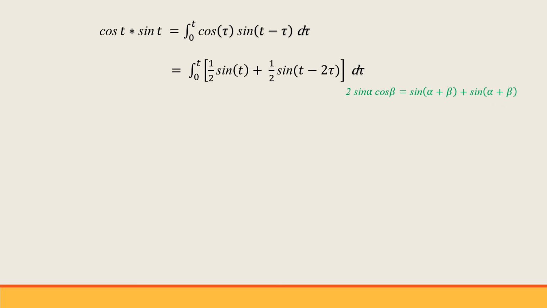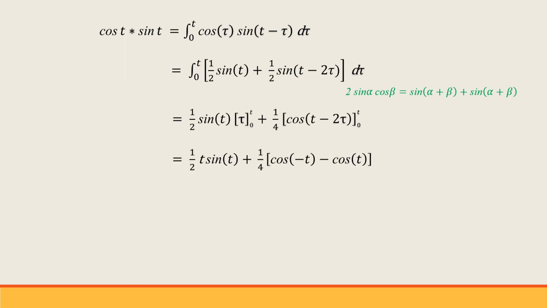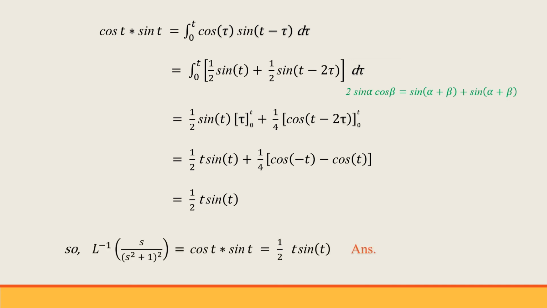Now, we can evaluate the integral easily. So, on solving the integral and putting the limits, we get the convolution of cos t and sin t as 1 by 2 into t into sin t. So, we got the inverse Laplace transform of s by (s square plus 1) whole square as 1 by 2 into t sin t.